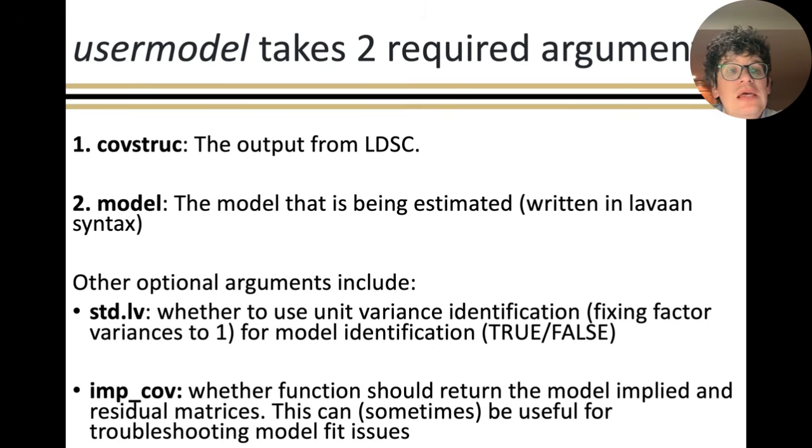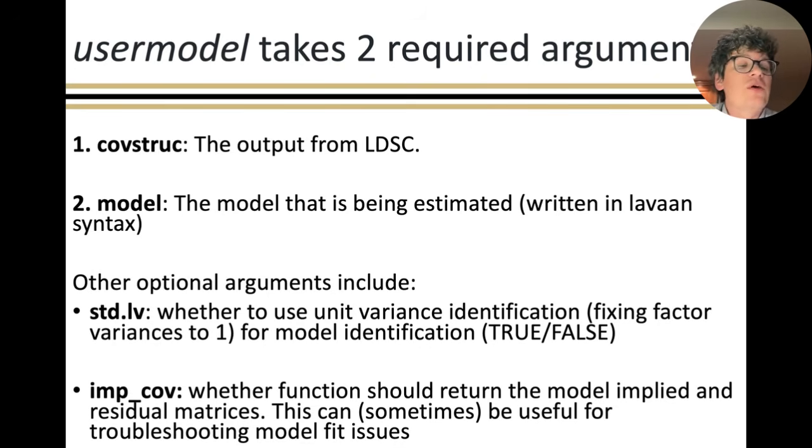Model fit is something that is primarily calculated using that residual matrix as part of the input. And so looking at where in the model you're potentially getting more misfit. Is there a covariance between two of your variables that is just not being captured? And would a residual covariance potentially more accurately capture the data in your model?